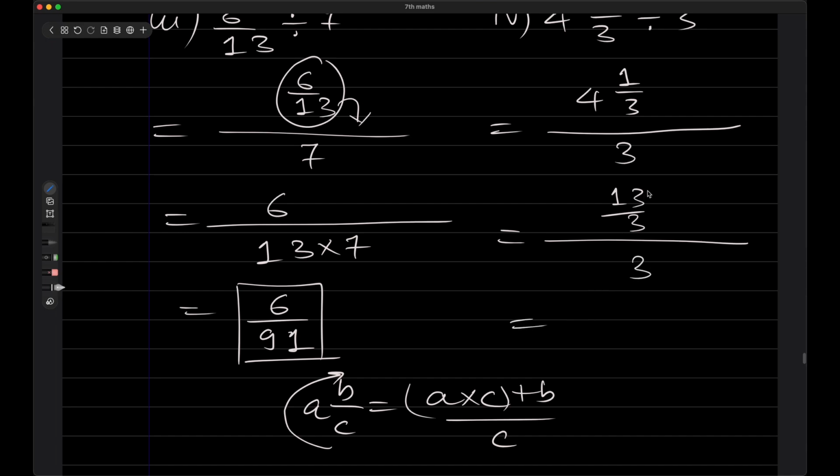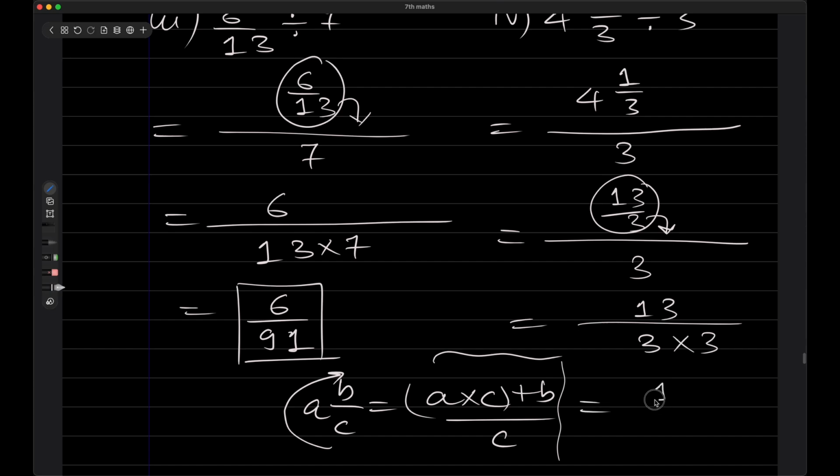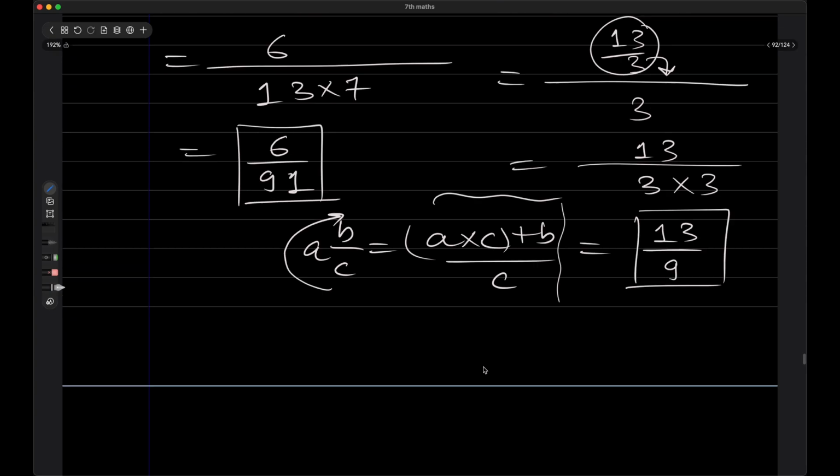Now we have to send the denominator of the fraction to the opposite side, that is 13 as it is, send 3 to the denominator and 3 as it is, that is equal to 13 divided by 9 is the answer.